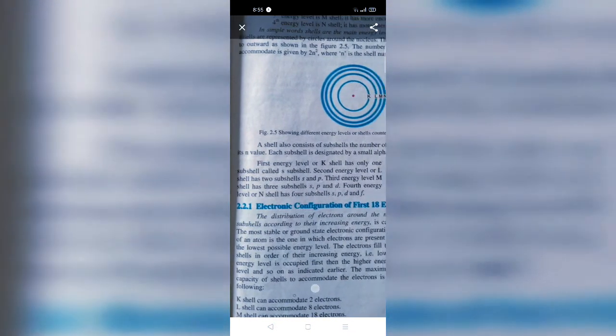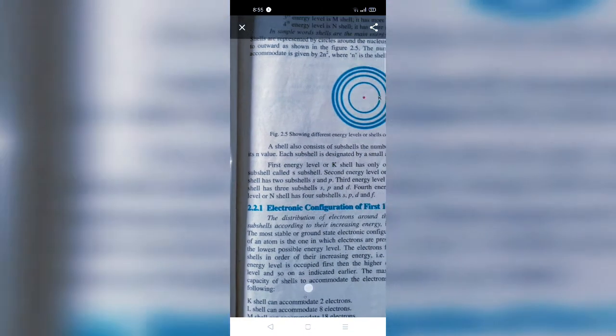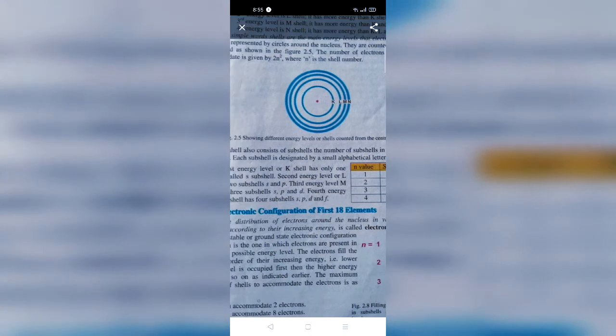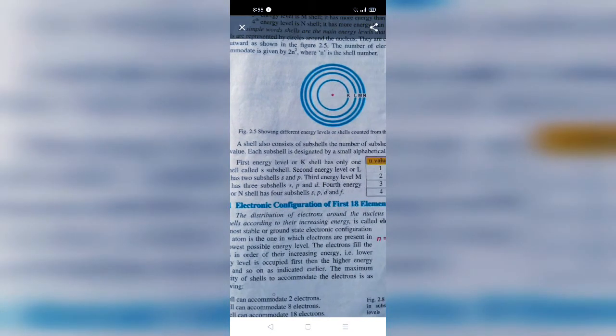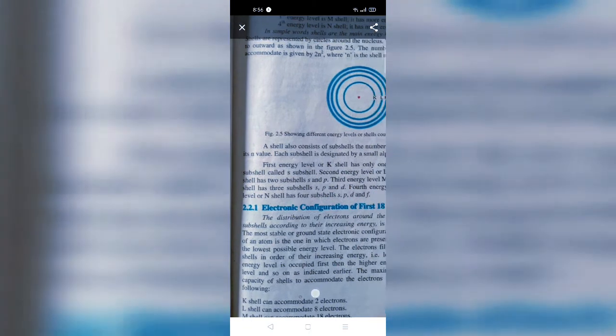The electrons fill the shells in order of their increasing energy, and you can also add example headings. Add heading here: filling of electrons in shells. The lower energy level is occupied first, then the higher energy level, and so on, as indicated earlier.